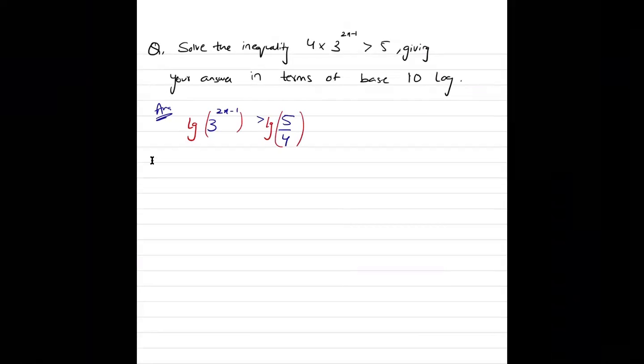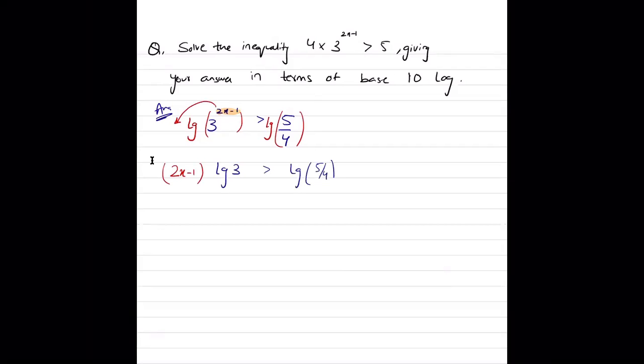Is this your first step? Yes, sir. Now, what will happen to this entire power of 2x minus 1? So LG 5 upon 4. Now, our task was to divide by LG 3, I could do that as well.